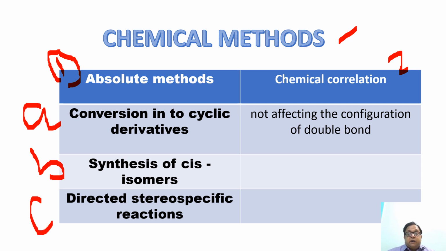Here, I would like to remind you once more that absolute methods do not maintain the configuration, they destroy it, but the chemical correlation method has nothing to do with the existing configuration, meaning the configuration is retained as such.